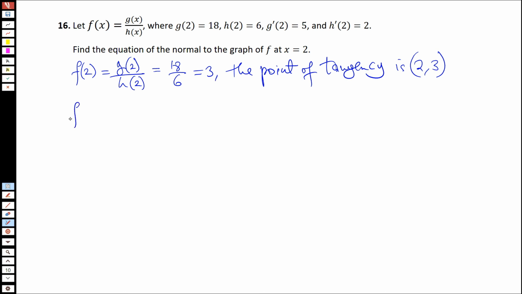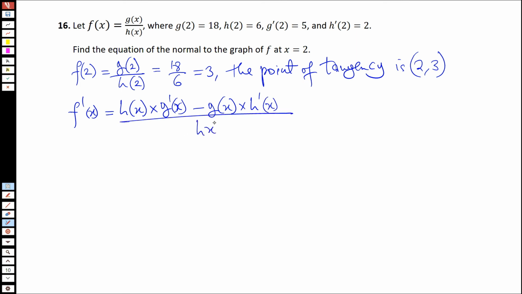So the gradient function f dash x, now we apply quotient rule, will be h of x multiplied by the gradient of g at x minus g of x multiplied by the gradient of h of x, over h of x squared.